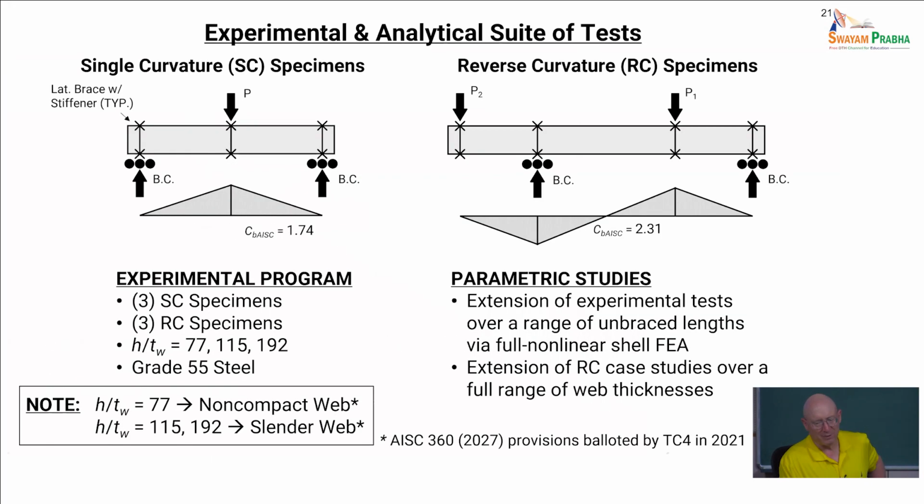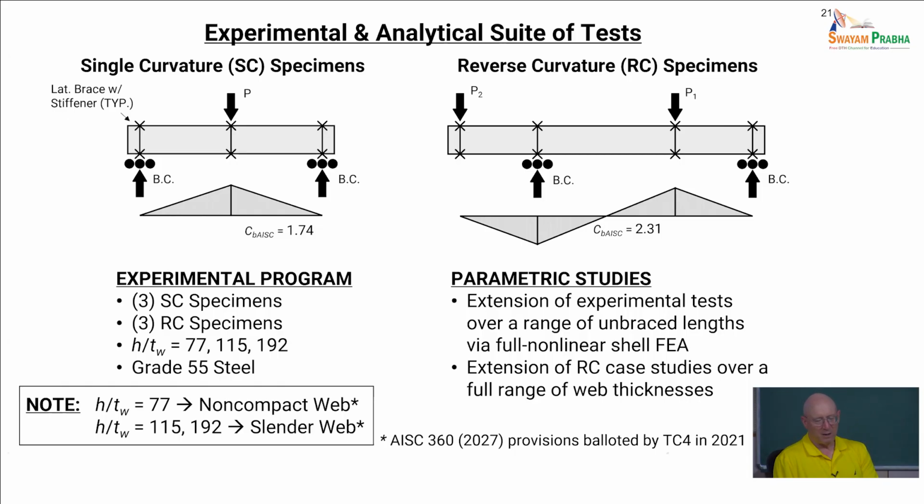So given some FEA simulations to try to get our handle on the problem, we designed a suite of 6 experimental tests to try to get confirmation of the behavior. And so we did 3 three-point bending tests, and we had 3 tests where the test configuration was to put the critical unbraced length in full reverse curvature bending.